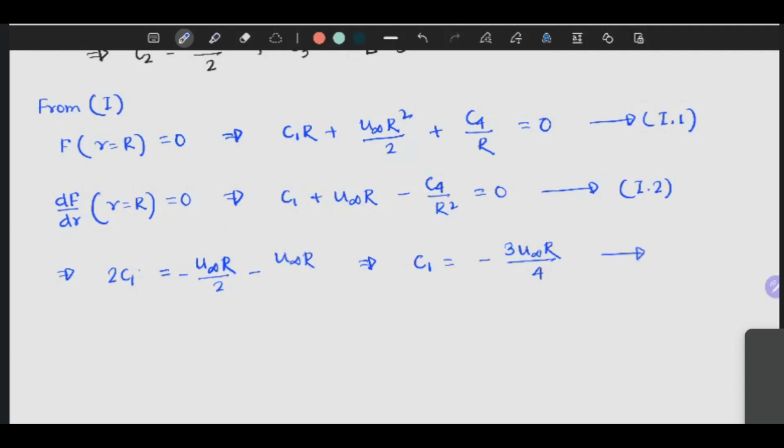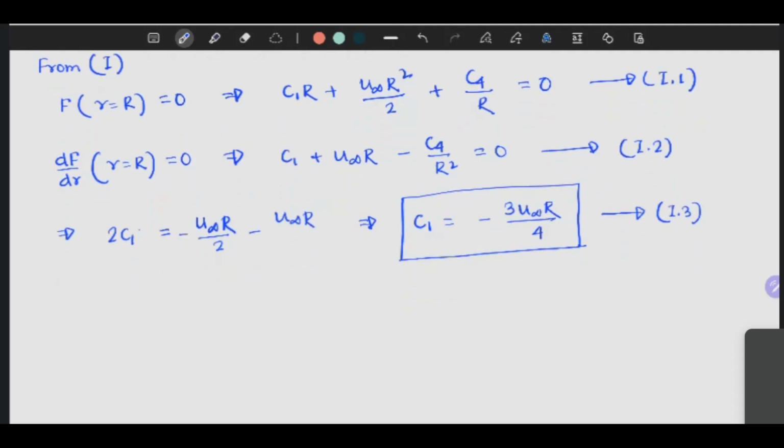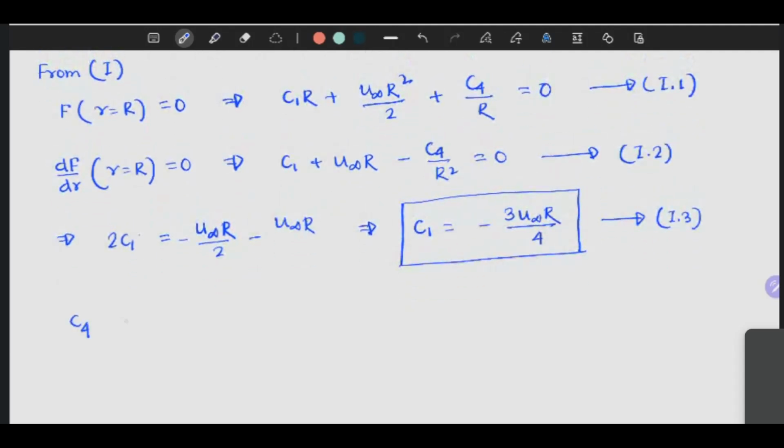So this is I.3. So now we got 3 values. Now if that is, then C4 we can easily get what C4 will be.